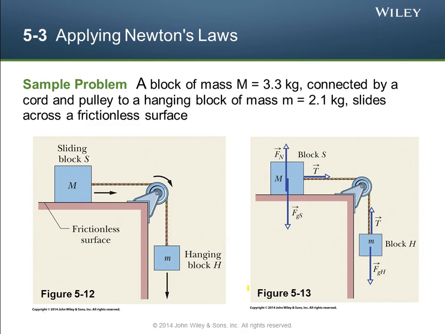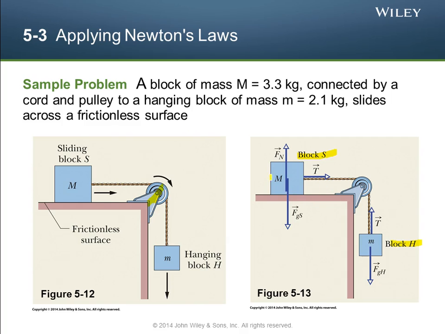I do want to show this diagram here and some nice simplified equations for you, because we're going to look at this situation a lot, where we have a mass that's sliding on a table, and it's sliding because we have a weight that's connected to a string over this pulley here. If we look at the forces, what's happening on block S and block H? We have these two different blocks, S and H, and we call the mass of block S big M, the mass of block H little m.